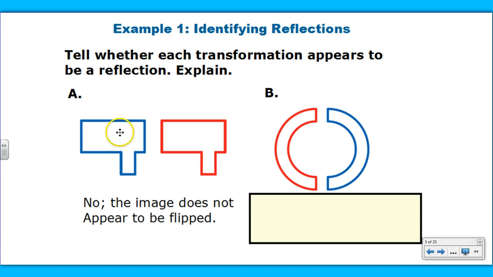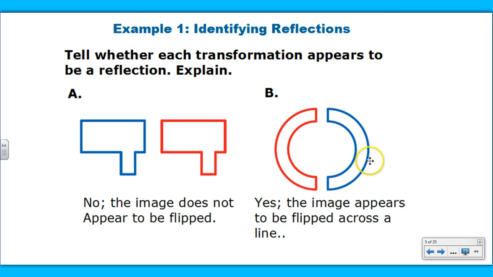It doesn't appear to be flipped, does it? If you were going to give this a transformation, you would probably call this a translation, like it's been slid over. Okay, and how about in the figures here in part B? Does it look like we could draw a line of reflection? And it sure looks like that, doesn't it? We could draw a line right down, vertical line down the center, and the image appears to be flipped across that line.